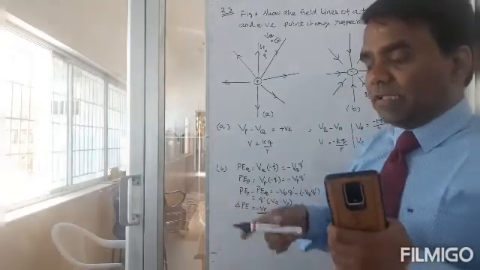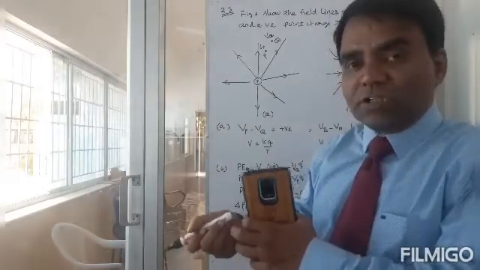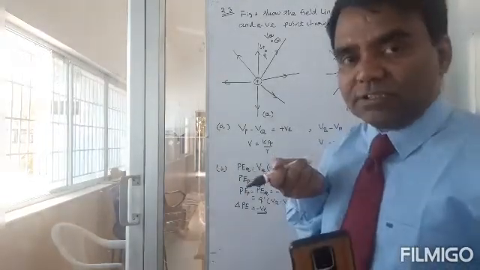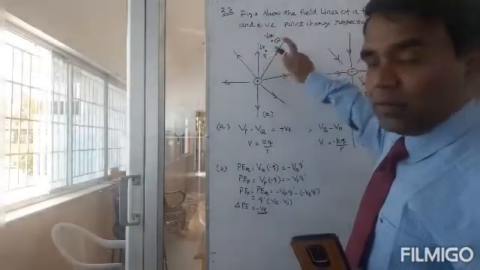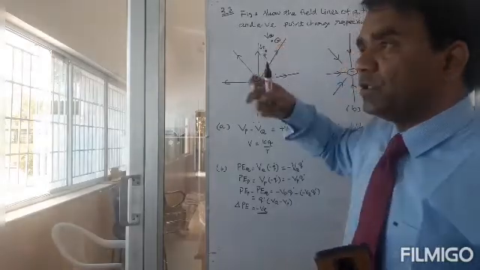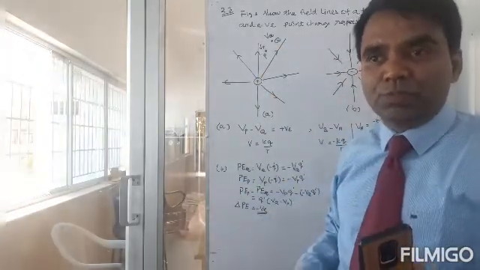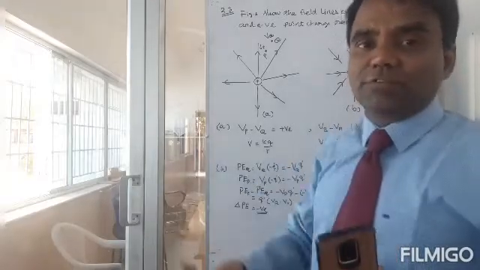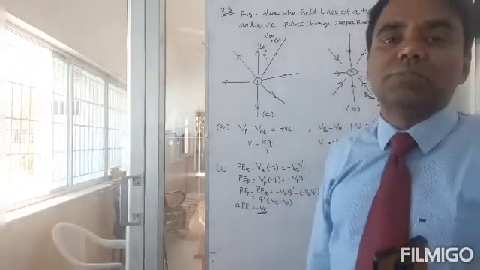Which means that the motion is in this direction and the external force is in the opposite direction. So the work done between this point and this point will be negative by the external force. So you will have negative potential energy.